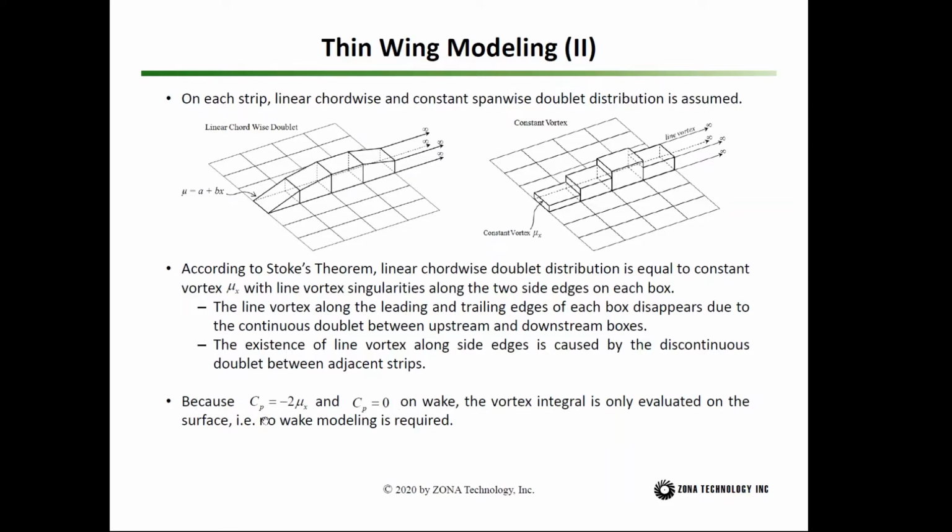You don't have to model the wake. So whenever you specify CO7, you don't have to worry about the wake because the wake influence is automatically included in the vortex integral. But you still have a flat sheet of wake shedding from the CO7.